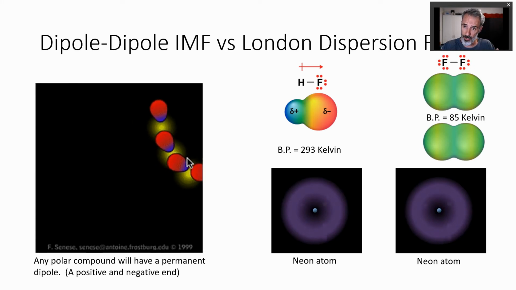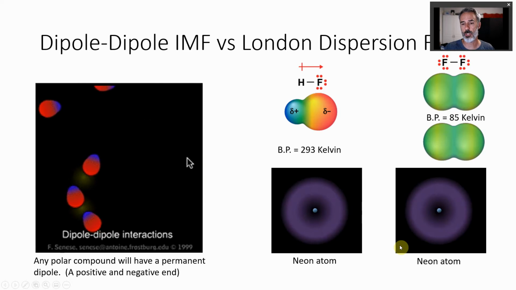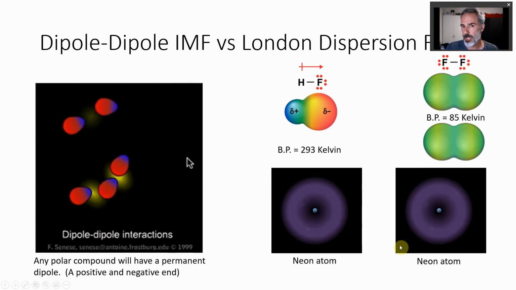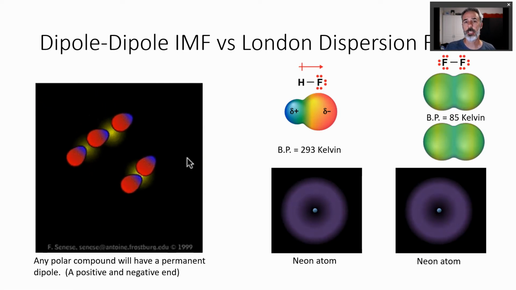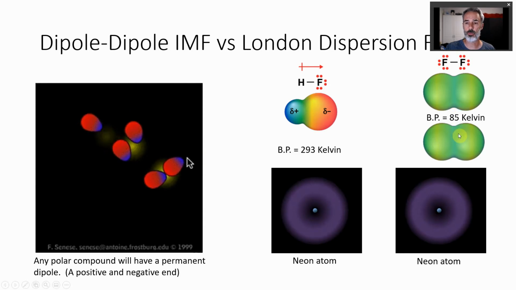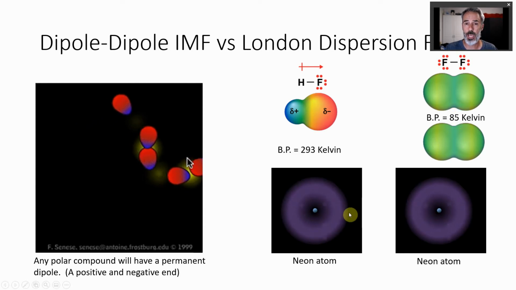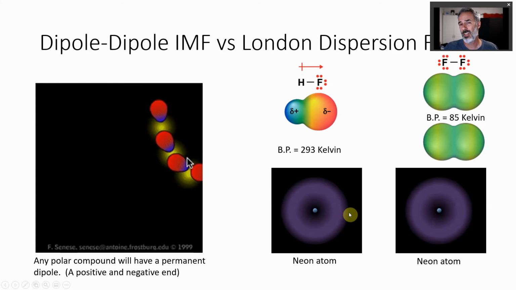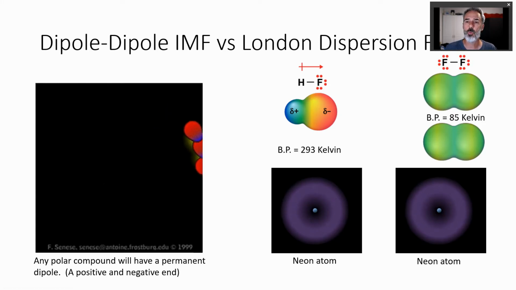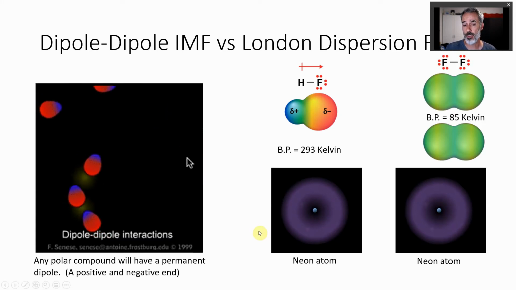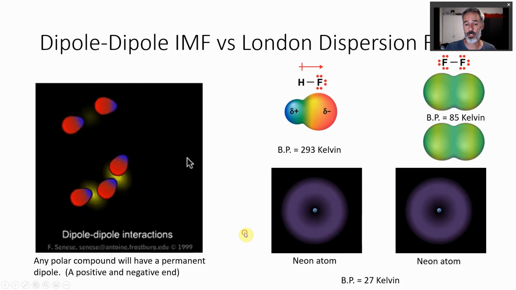You would think their electrons have to be very evenly distributed, so how could they possibly be attracted to each other? So you're going to see a theme with London dispersion forces. In non-polar molecules like fluorine or individual atoms that don't have a dipole, London dispersion forces are the only way that they can have an attraction for each other. But you better believe they do have an attraction for each other.